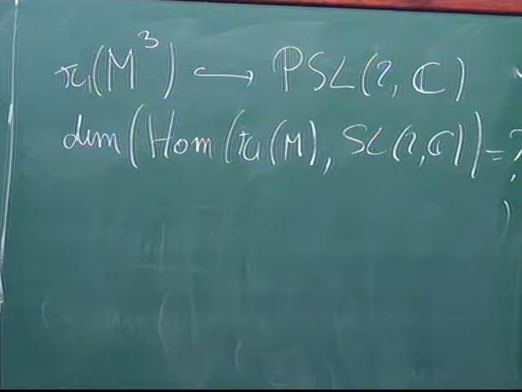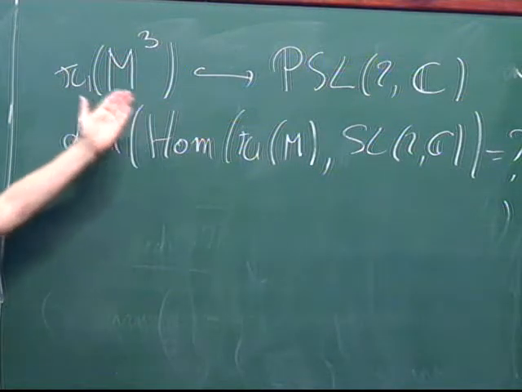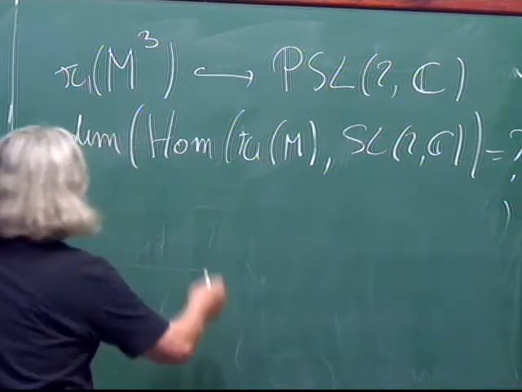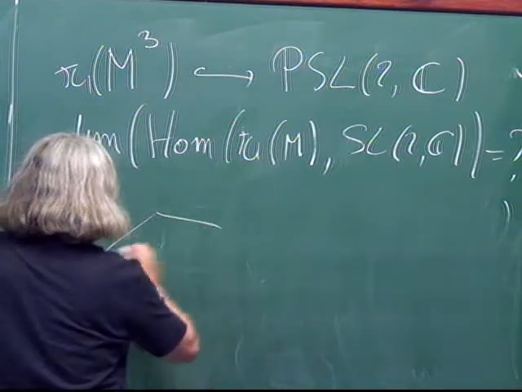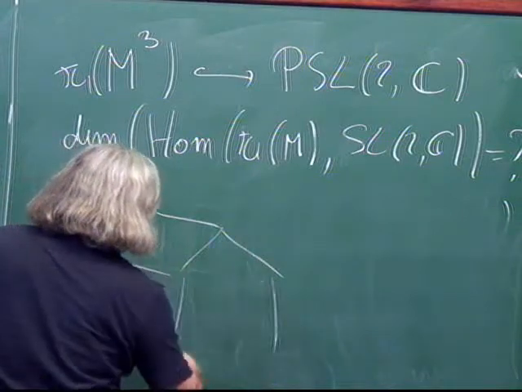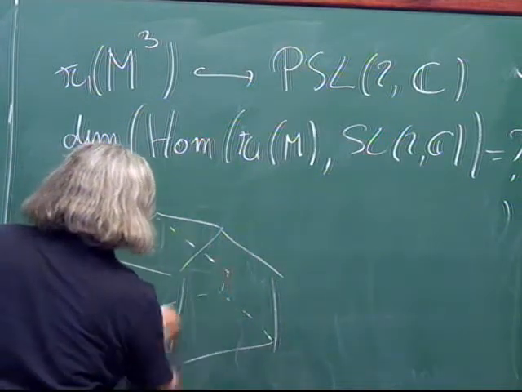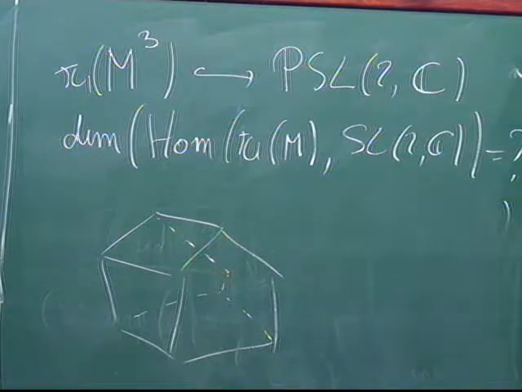Well, what you need is a presentation for the fundamental group. Now, how can you get a presentation for the fundamental group of a hyperbolic 3-manifold? Well, you can think of your hyperbolic 3-manifold as being some kind of polyhedron, and you identify faces 2 by 2, just like you do with surfaces.